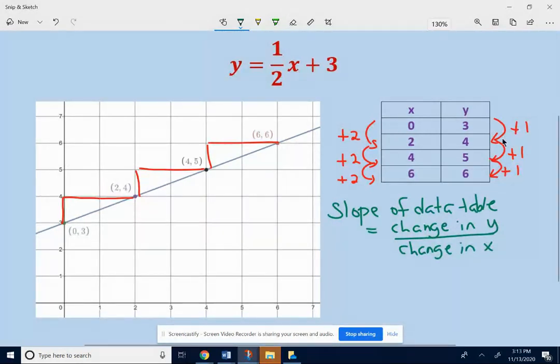The y's are changing by 1. The x's are changing by 2. So the slope would be a positive 1 over a positive 2, which is a half. We'll look at another example in a minute. So that's the first thing: slope of a data table is change in y over change in x.